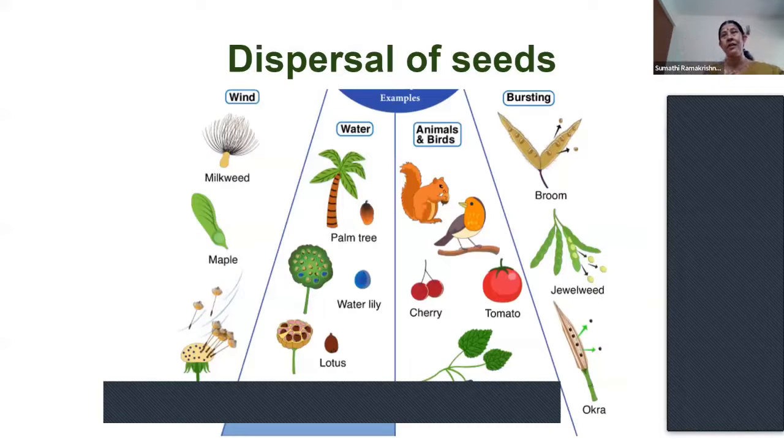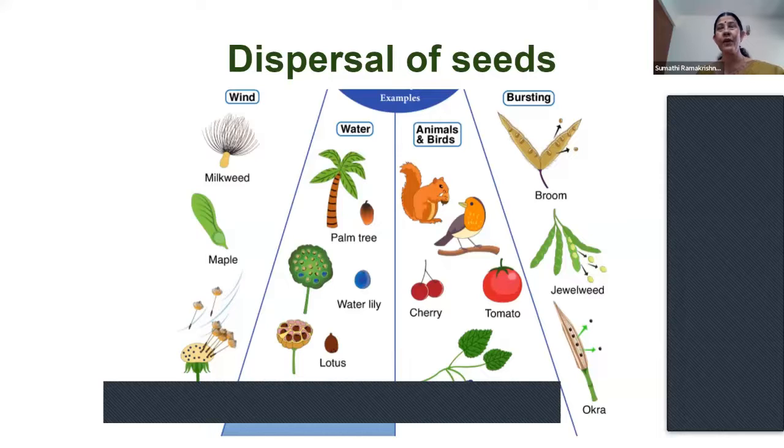Then the dispersal of seeds. This is there only for the class 5 stage. So here, this topic is taught wherein you will explain the different kinds of dispersal of seeds. For example, seeds are dispersed by wind, by water, by animals and birds, and bursting of seeds also happens.